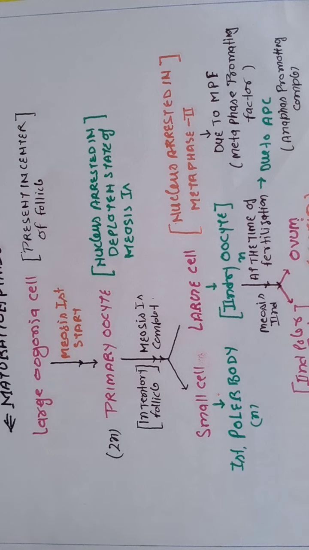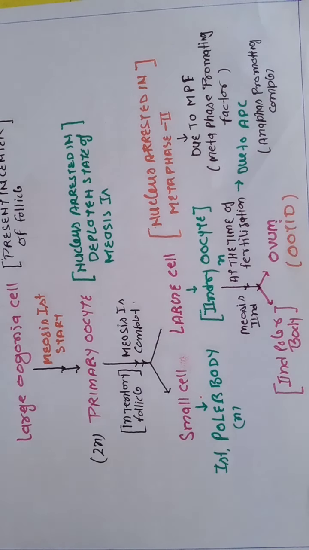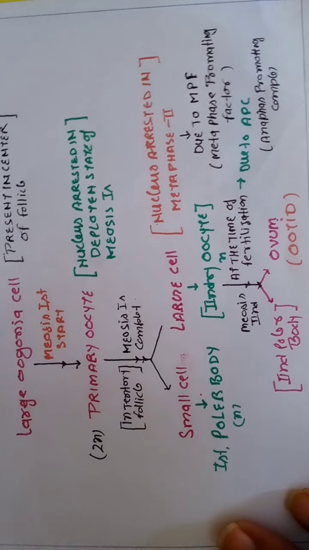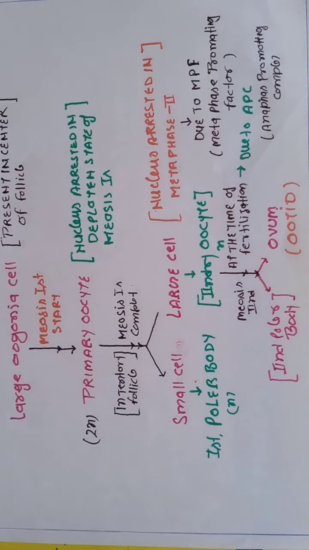Suppose the sperm reaches here and touches it. As the sperm touches the secondary oocyte, at this time meiosis second is completed, and due to its completion, one second polar body is formed and one new cell is formed, known as the ovum, or you can use the word ootid.